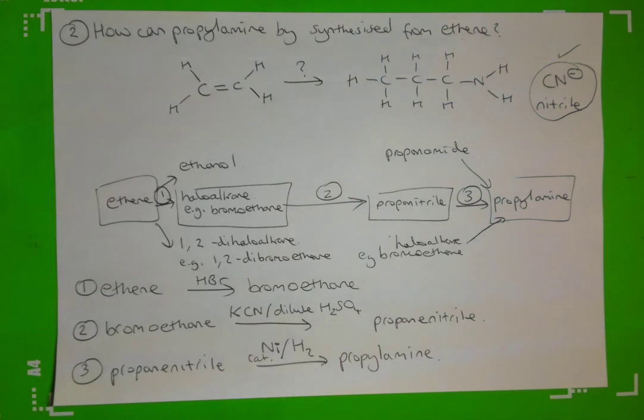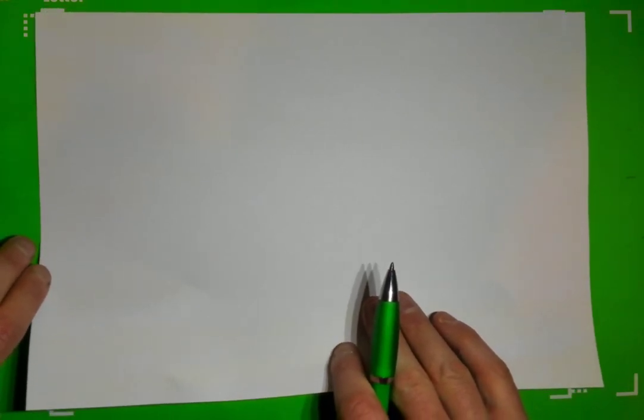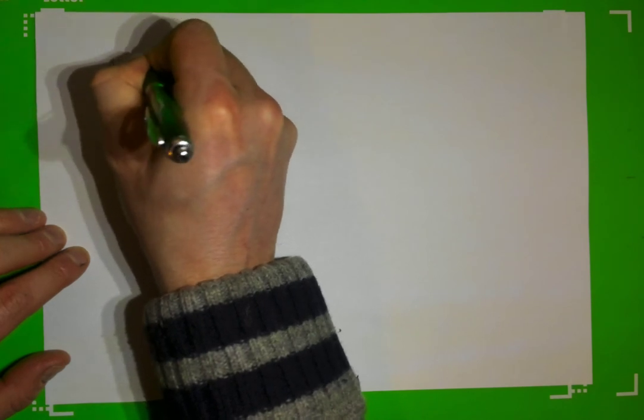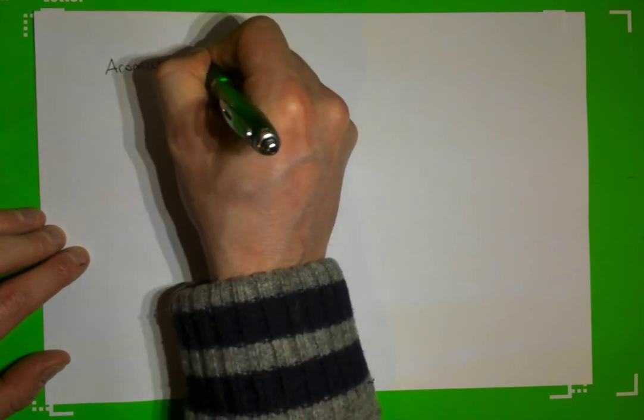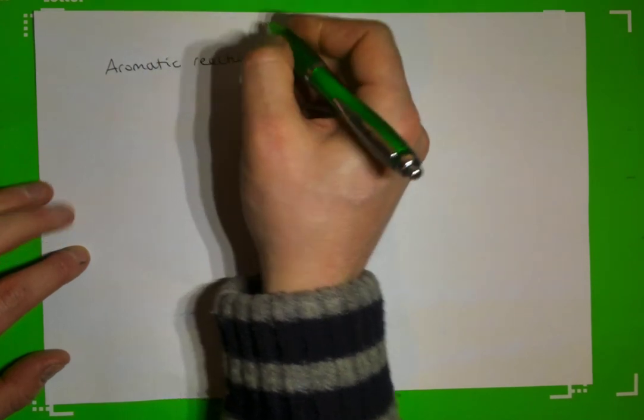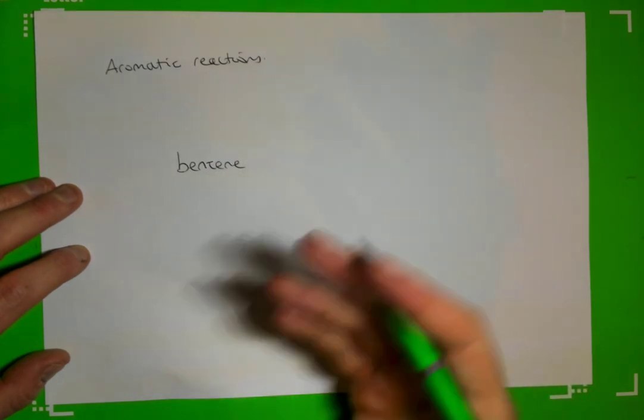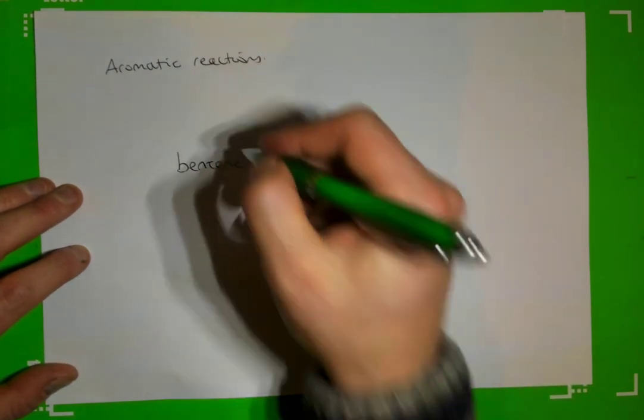Okay, now we're going to have a look at an aromatic reaction, or a few of those. So what I'm going to do now is draw a diagram which summarises aromatic reactions. When I write benzene here, that could summarise anything which contains a benzene ring.